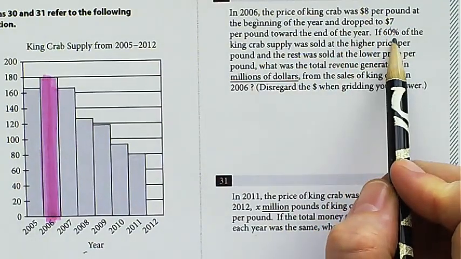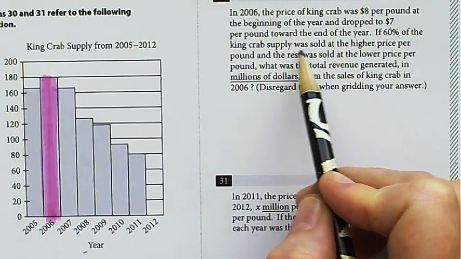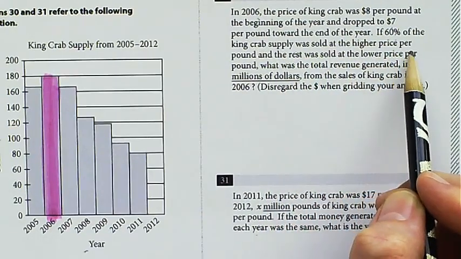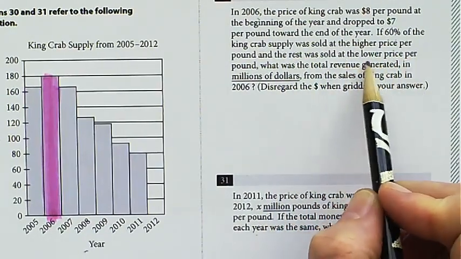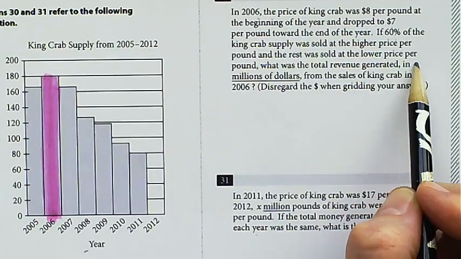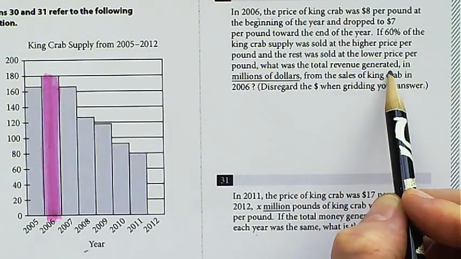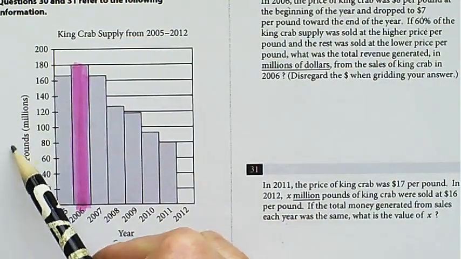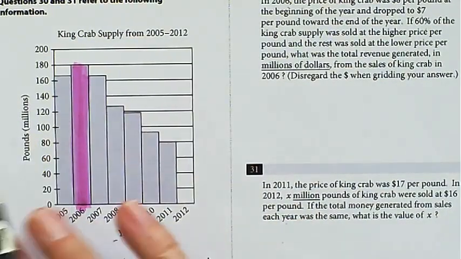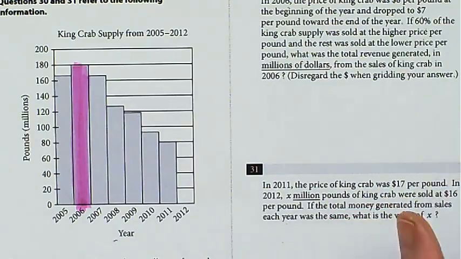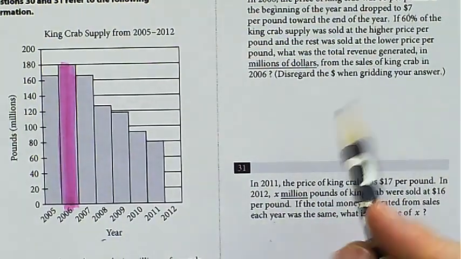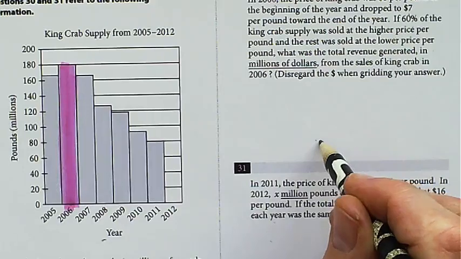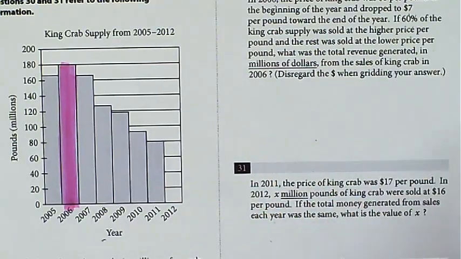If 60% of the king crab supply was sold at the higher price and the rest was sold at the lower price, what's the total revenue generated in millions of dollars? This bar graph is in millions, so I'm going to do this without writing out all those zeros, because when we put this answer into the grid-in, you can't put that many digits.